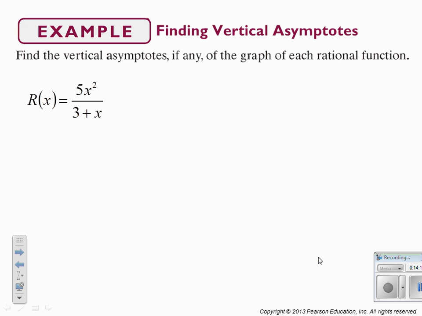Okay, so we're going to find the vertical asymptote of the graph of each rational function. The vertical asymptote is when the denominator equals 0. So we say it is at x equals negative 3. On our graph, we go to negative 3 on the x-axis and draw a vertical line, usually dashed, to indicate an asymptote.